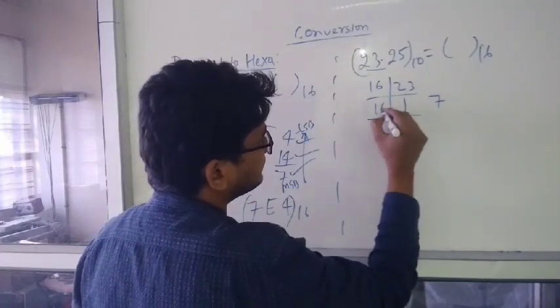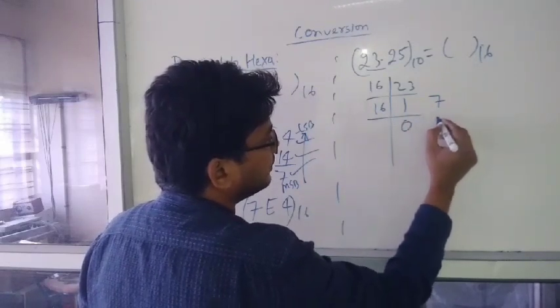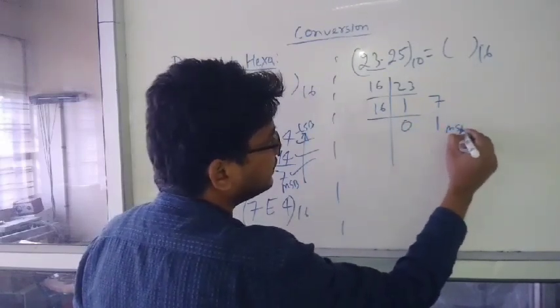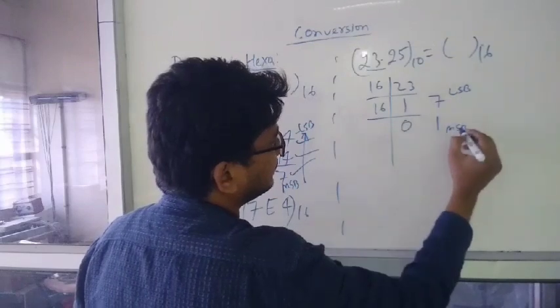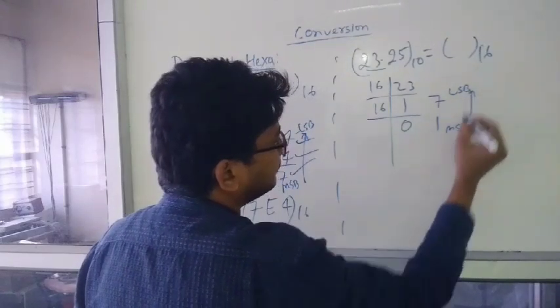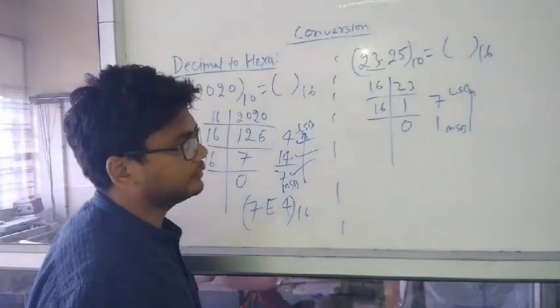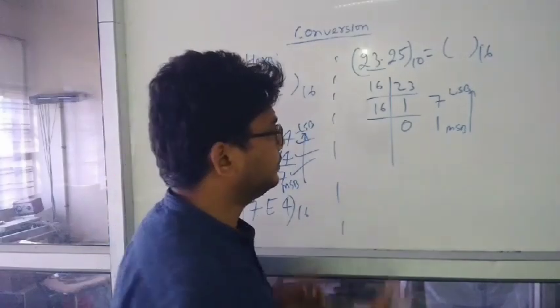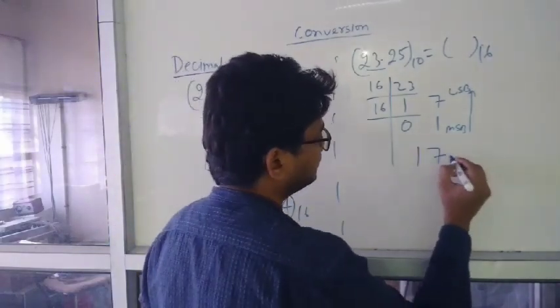Next we divide 1 by 16, we cannot divide it, so the remainder will be 1. So this is the MSB, and this is the least significant bit. So we write the data from most significant to least significant bit, or from bottom to top. So the answer will be 1 and 7.